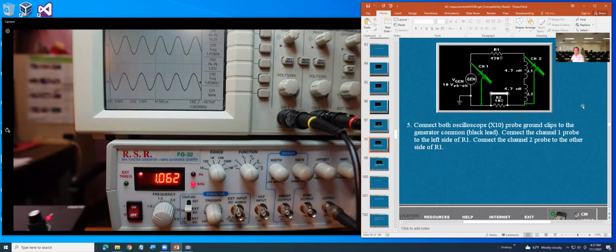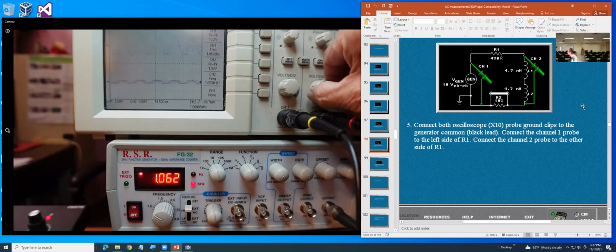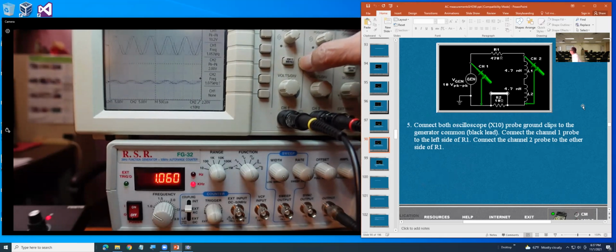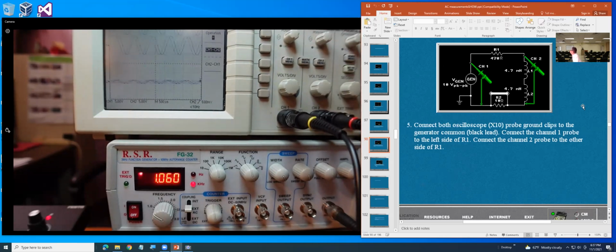Okay, and try automatic display. So now I have to do it over again. I set channel 2 to 5 volt. Channel 1, 5 volt. Okay? Then I have to press the math button, and that will give you channel 1 minus channel 2.